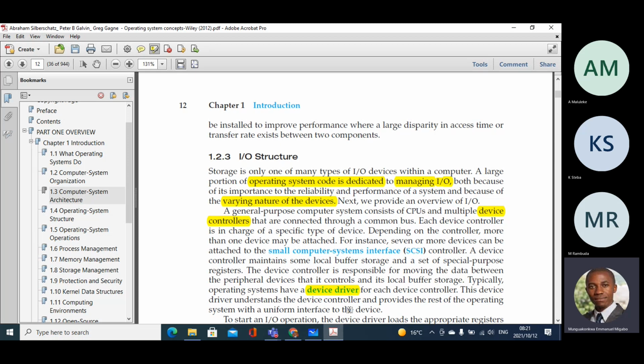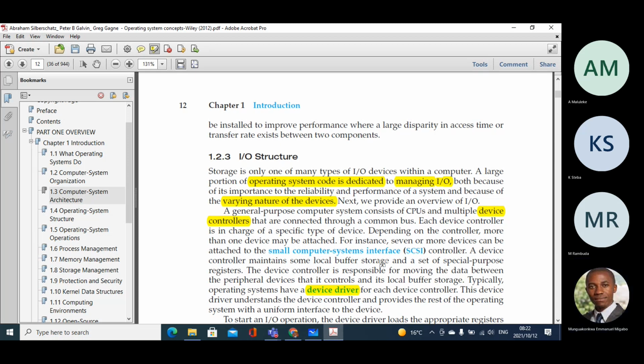So these were additional pieces of software that were added to the operating system to handle the interaction with input-output devices. But now, with modern operating system designs, we have what we call plug and go type of devices. Most IOs have become plug and go, and this is all thanks to the integration of device drivers as part and parcel of the operating system design.